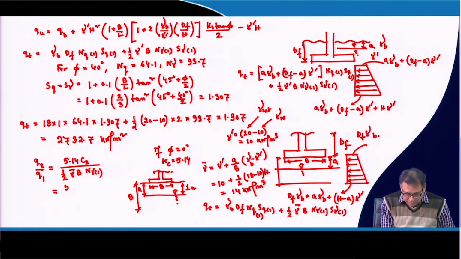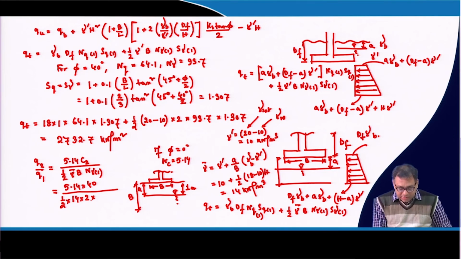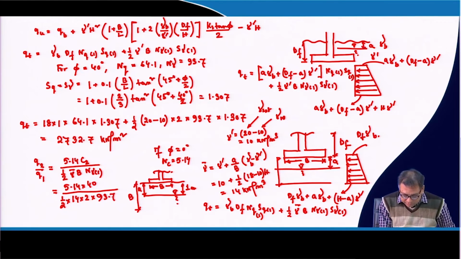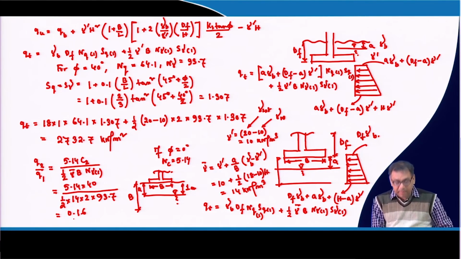If I put 15.14, C2 is 40 kilonewton per meter square, half gamma bar is 14, B is 2, and N gamma 1 is 93.7. So, this value is roughly 0.16.